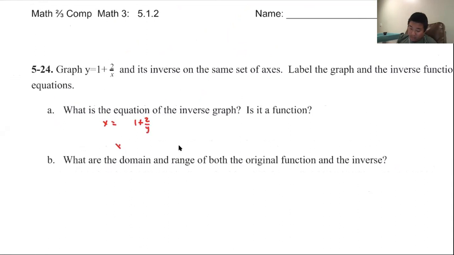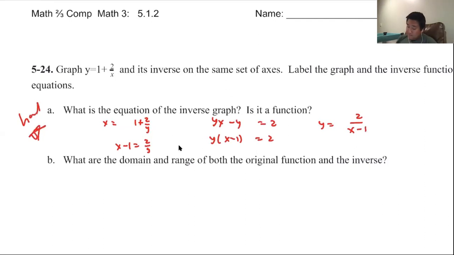So then I have x minus 1 equals 2 over y. Multiplying by y, I have yx minus y equals 2. Factor out y: y times (x minus 1) equals 2. So then y equals 2 over x minus 1. This one's hard. And then so the inverse is equal to 2 over x minus 1.